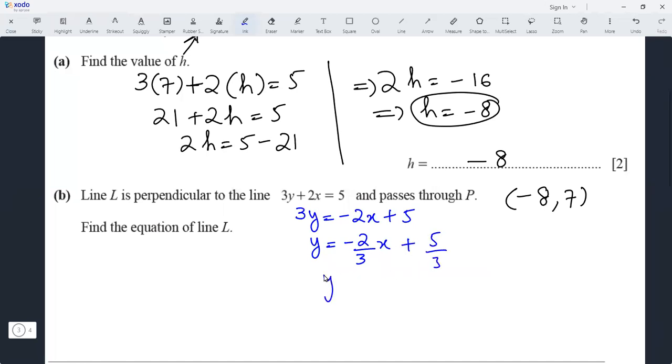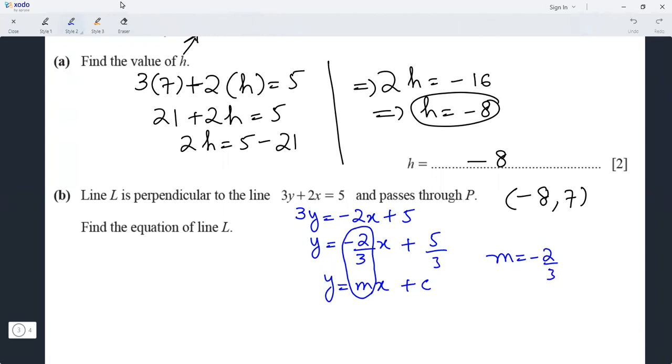Because we have to compare it with y equals mx plus c. So the gradient for this equation is -2/3, so m equals -2/3. What about the gradient for the perpendicular line?